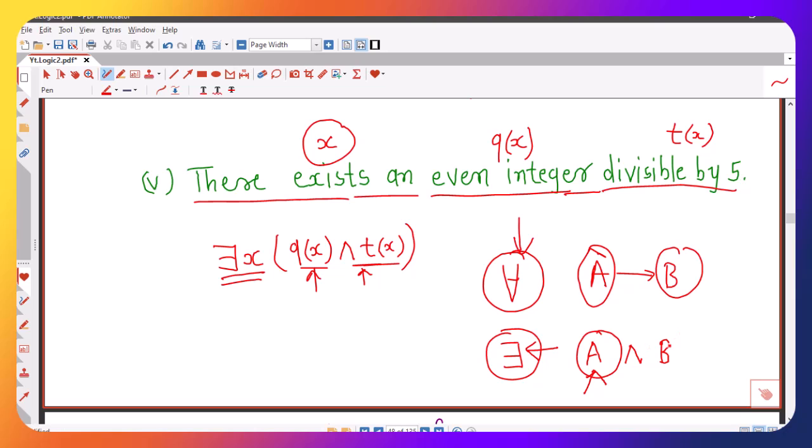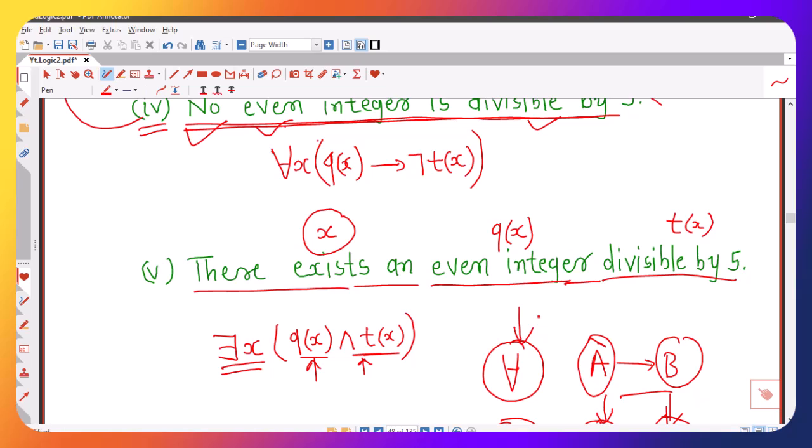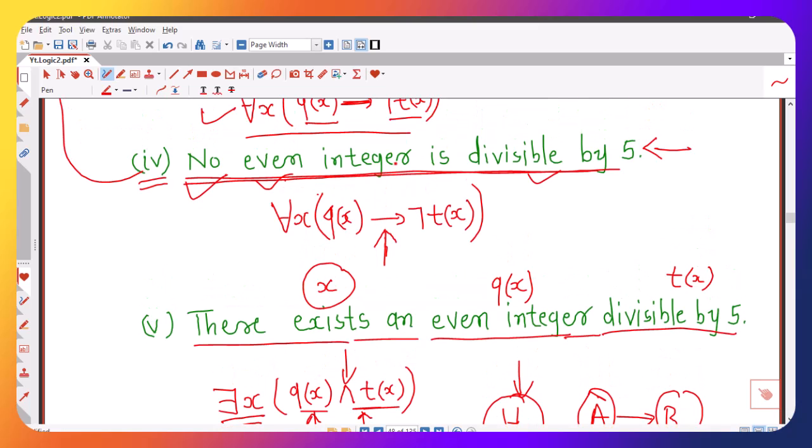Here we have an AND type situation: this is not true for all x, but there exists some x such that A and B are true. So you have observed that in the case of the existential quantifier we have used the conjunction operator, and in the case of the universal quantifier we are using the conditional statement, or implications.